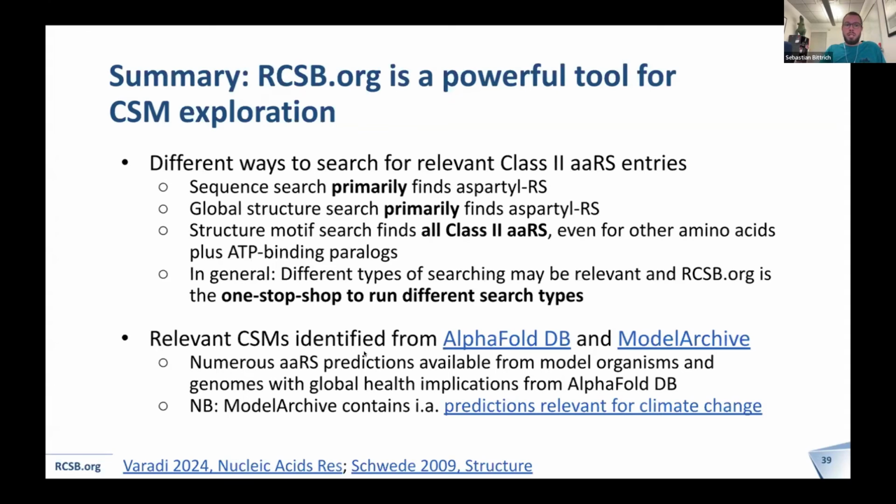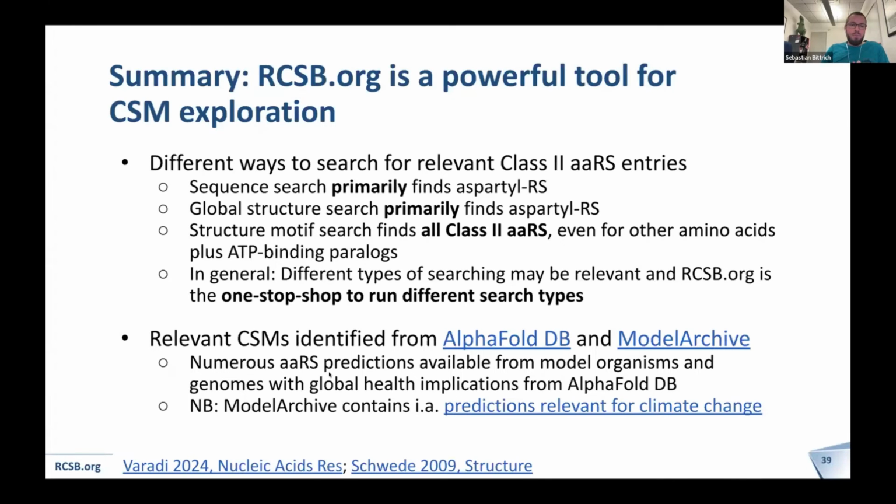I also want to emphasize that we integrated 1 million computed structure models from AlphaFold DB, as well as the Model Archive repository, where scientists can submit their own predictions using whatever algorithm performs well enough to make it into that selection.